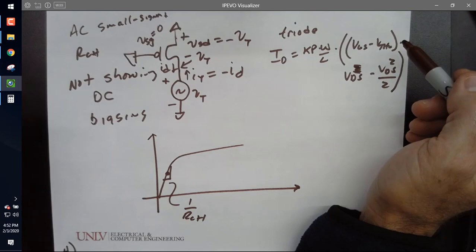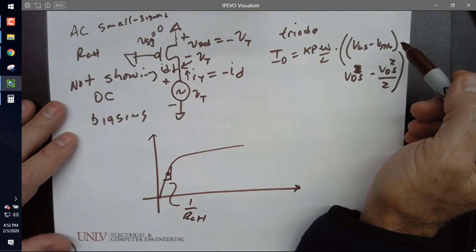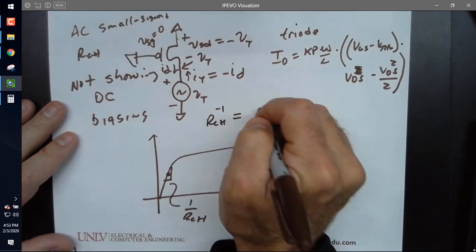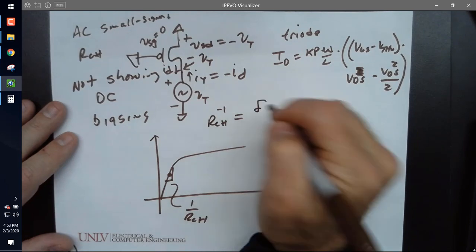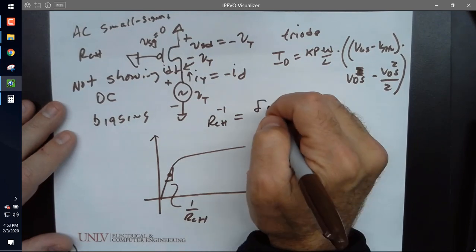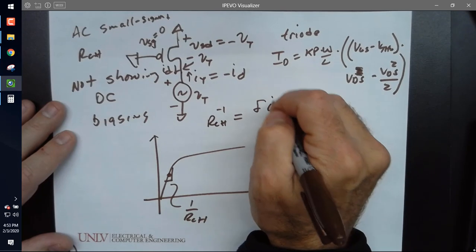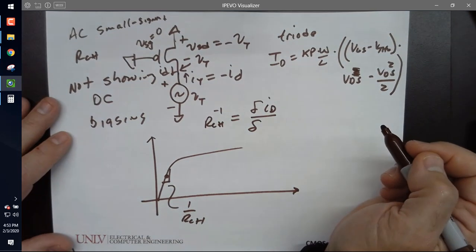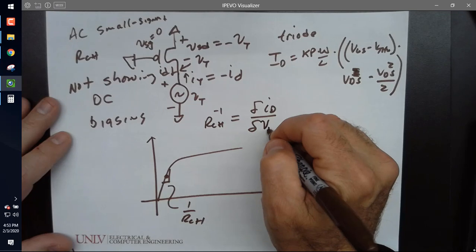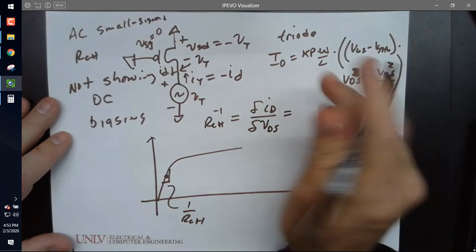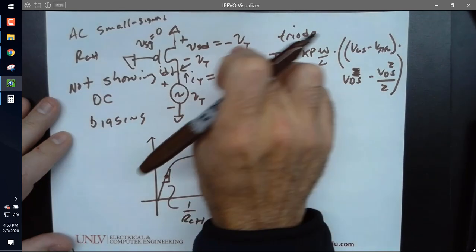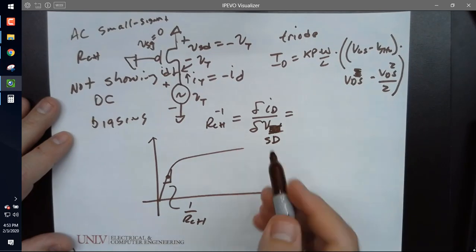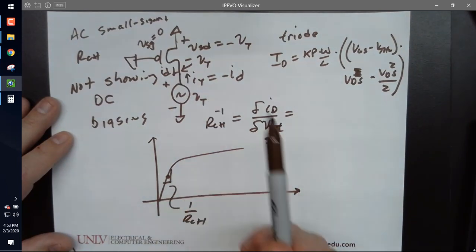All right, we're going to use this. I'm assuming nobody's following. So I'm going to define 1 over R channel as the same old thing, the derivative of I drain over VDS, and I'm not going to worry about the minus signs because it's minus VSD and minus ID.